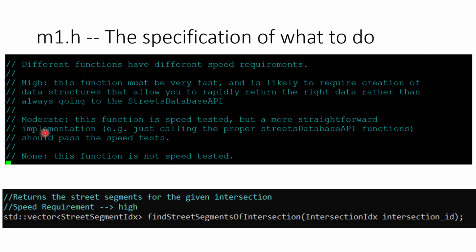Moderate means this function is speed tested, but usually it can be done with a more naive, straightforward implementation, like just calling streets database API functions. If it's none, this function is not speed tested. And the function that we just implemented has a high speed requirement.